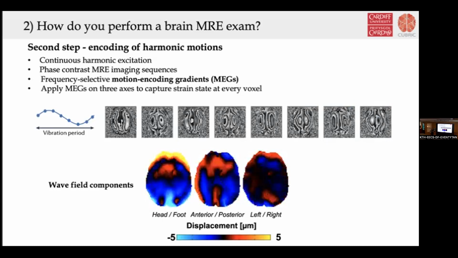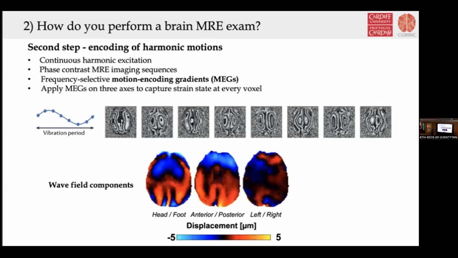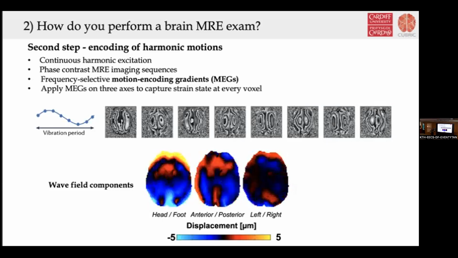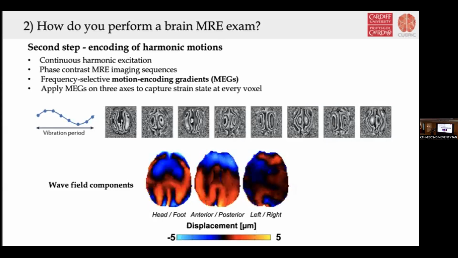MRE is quite standard really for a phase contrast sequence, but one thing you do is use frequency selective motion encoding gradients, and these are shaped to one frequency to tune to the type of motion that is applied. And you apply gradients on all three axes so that you get a complete 3D representation of the displacements or strain rate at every voxel.